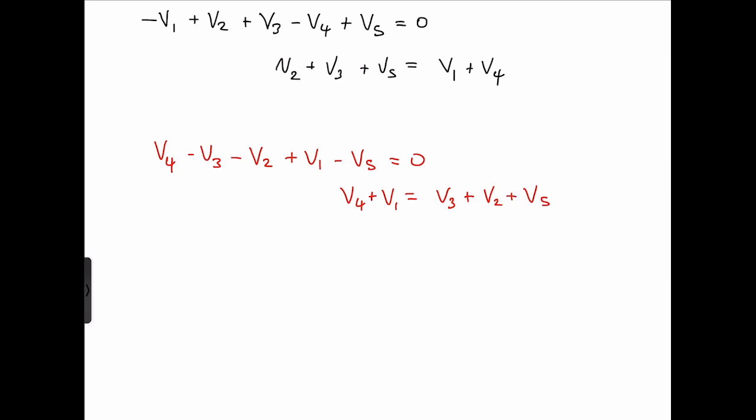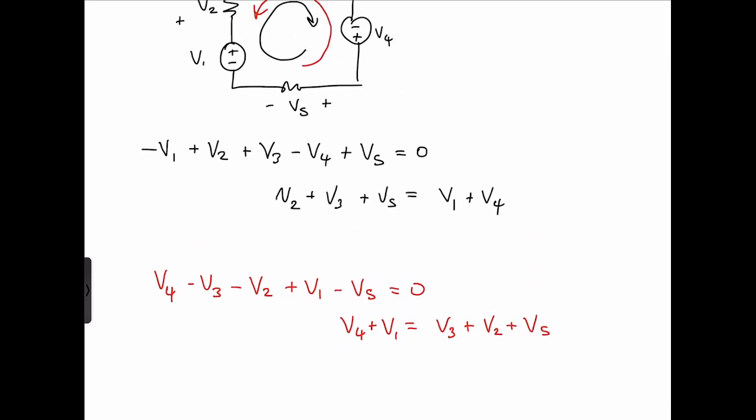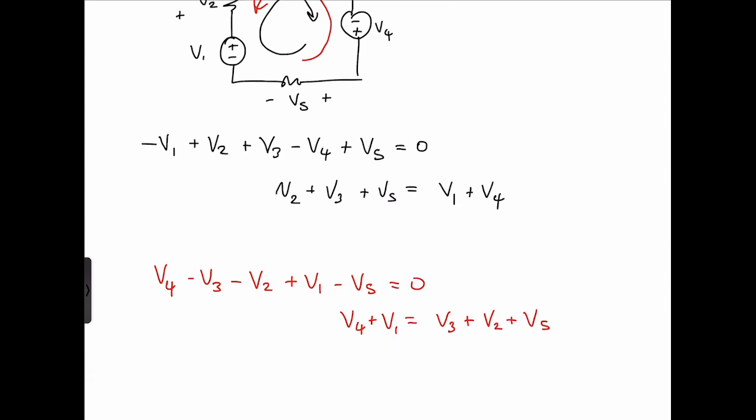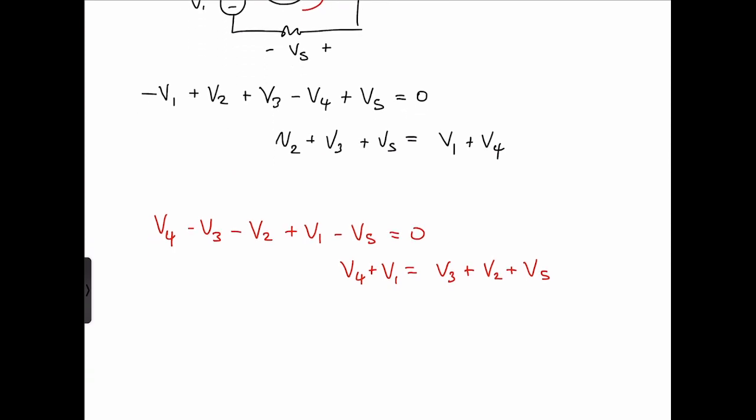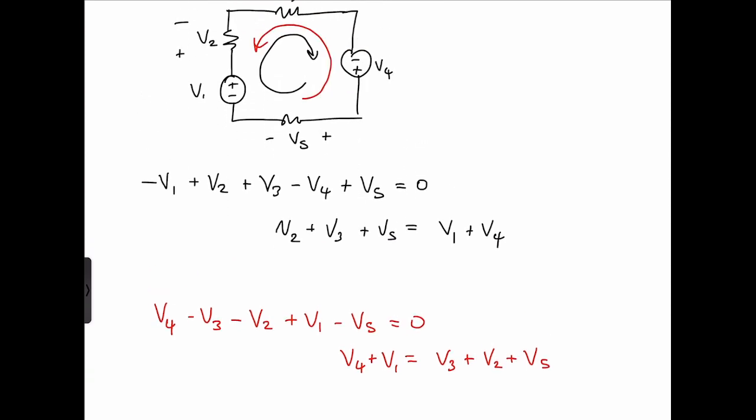So again, we see no matter how we analyze the circuit using KVL, we have to choose either counterclockwise or clockwise and stick with that throughout the analysis. By doing that, we can see that the polarity of the voltages are chosen by us, the person analyzing the circuit, and not by the direction of the loop being applied.